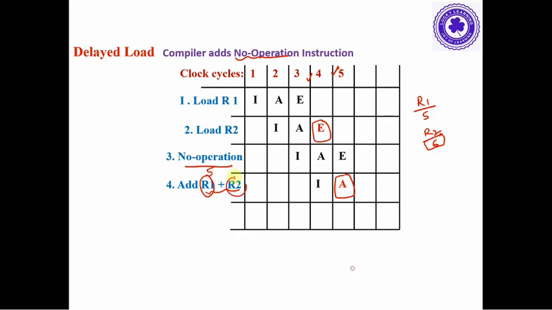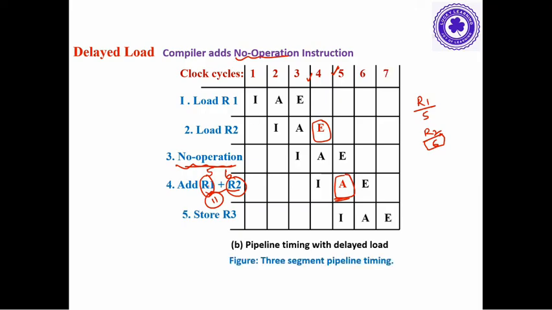Now R1 plus R2 is going to happen in the fifth clock cycle, so 5 plus 6, 11, is possible. Addition of R1 plus R2 is possible. There are no dependencies. This is resolved by adding no operation instructions, so that the pipeline will continue. And this is how the compiler resolves the data dependencies by inserting no operation instructions.